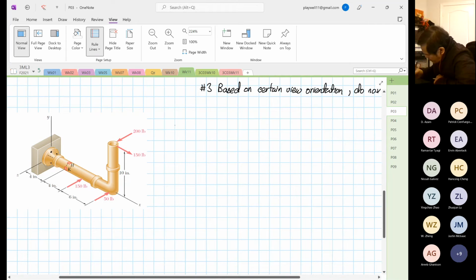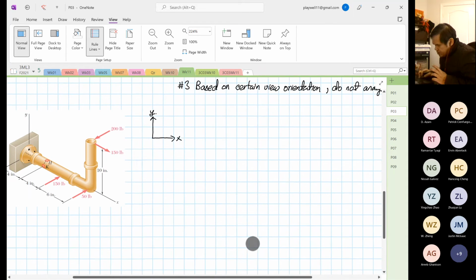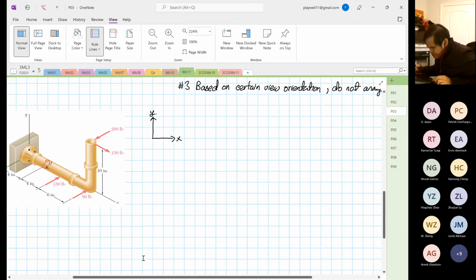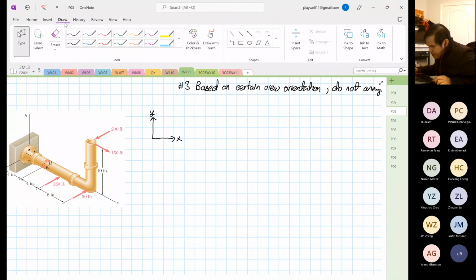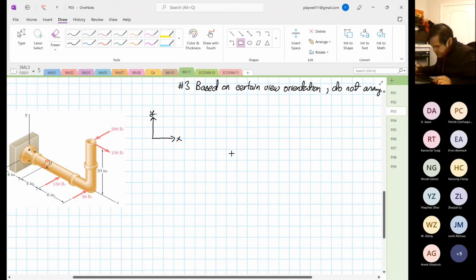So I'm going to draw based on this transformation now. Okay. So this is my X and this is my Y. So we are going to draw the structure based on that orientation. So we will have our structure now.